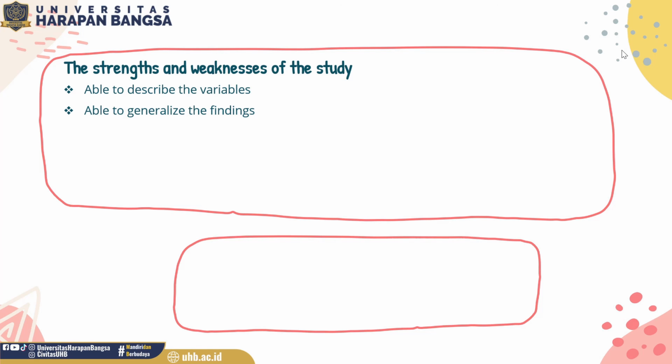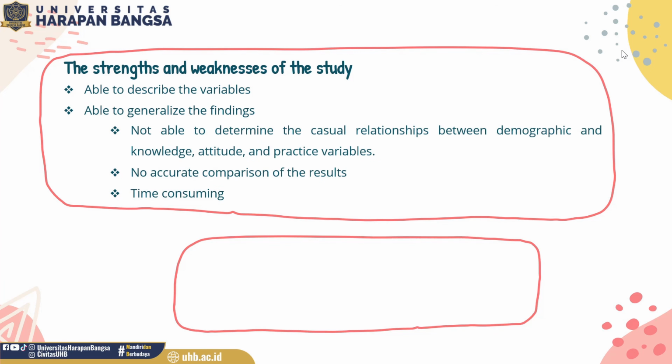And it's also able to generalize the findings by using a sample. While the weaknesses are it's not able to determine the causal relationship between demographic and knowledge, attitude, and practice variables.